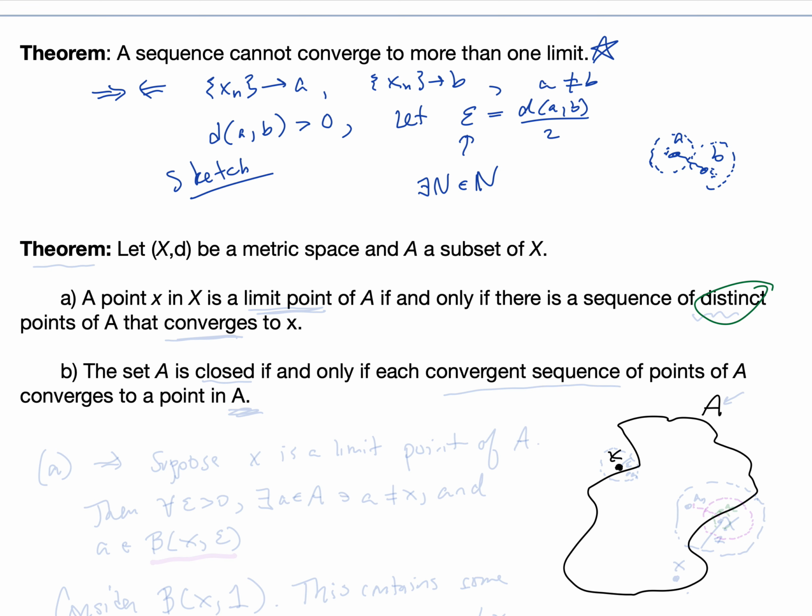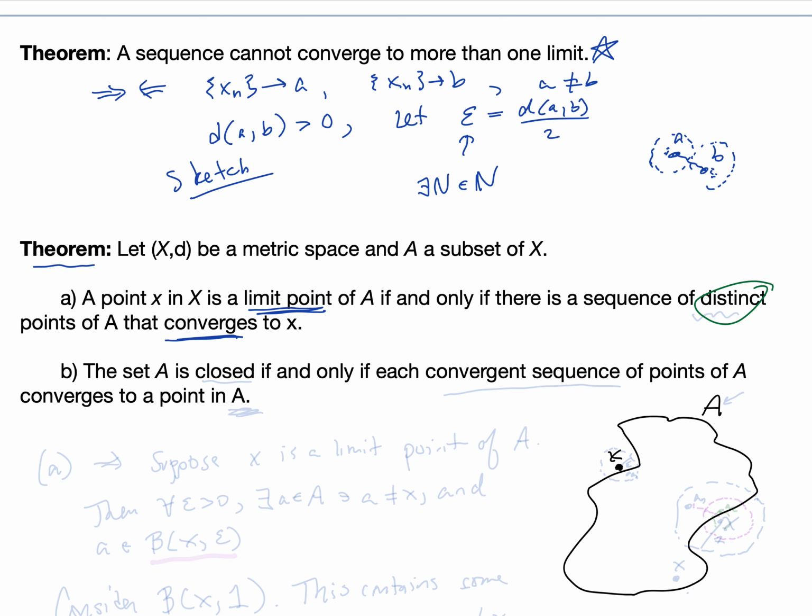Next, let (X, d) be a metric space and A a subset of X. Same setup, and now we're going to talk about this next theorem about metric spaces. First, a point x in X is a limit point of A if and only if there's a sequence of distinct points of A that converges to x. So in other words, we're connecting this idea of limit point to convergence.